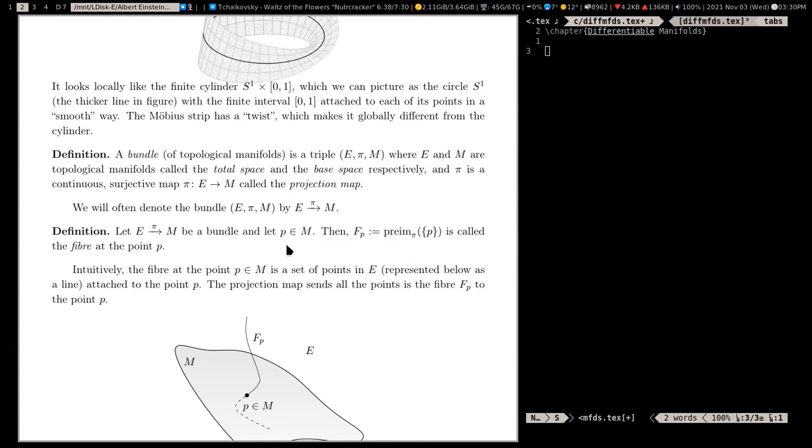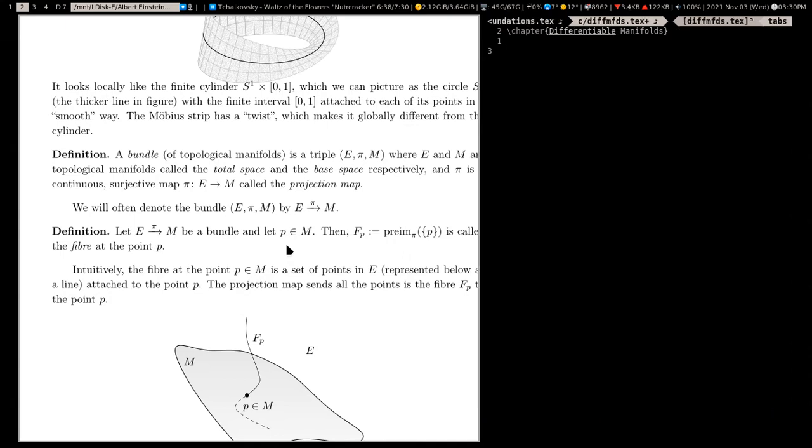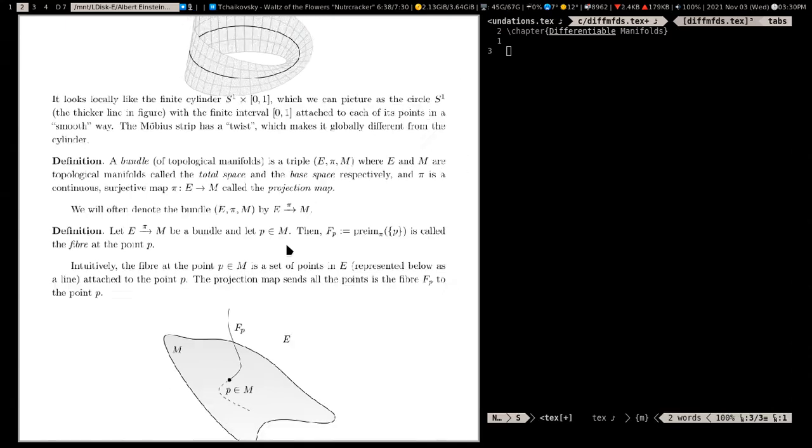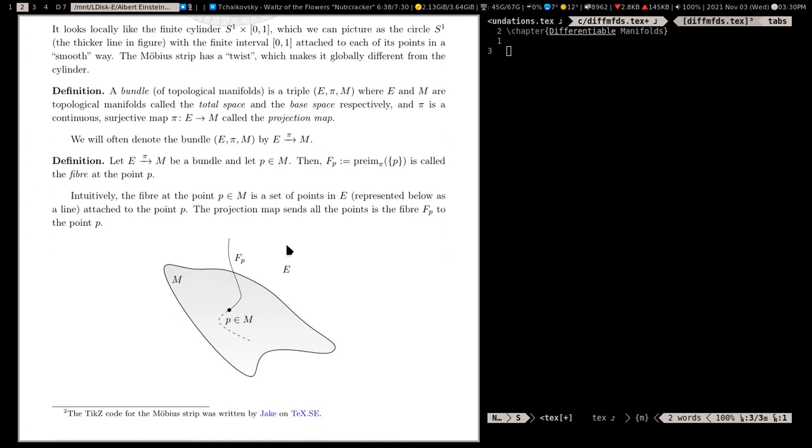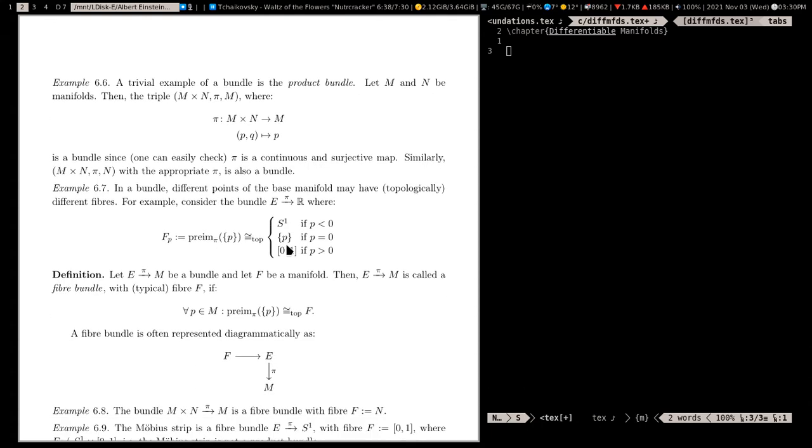The fiber is the set of points in the total space that get mapped to p using the projection map. So that's the basic terminology for what a fiber is and what a bundle is, and we'll see a bit more on that.